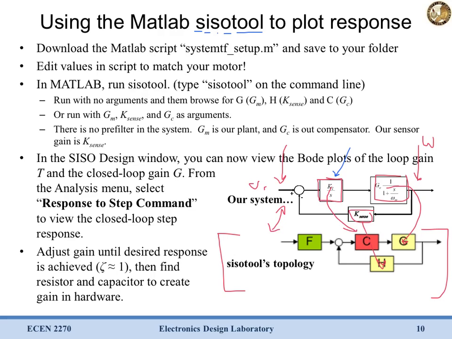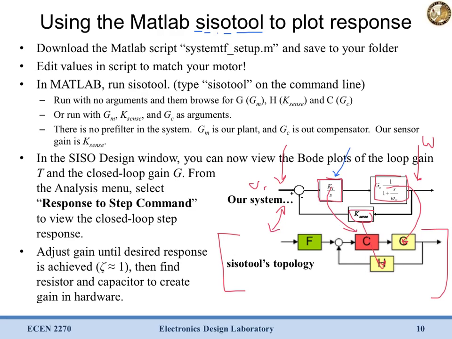So you can simply slide the gain around, see how the step response changes, and design a system with the output characteristics that you want. That's one of the better, more intuitive ways to design a system like this, and it's what we recommend you do for your system.